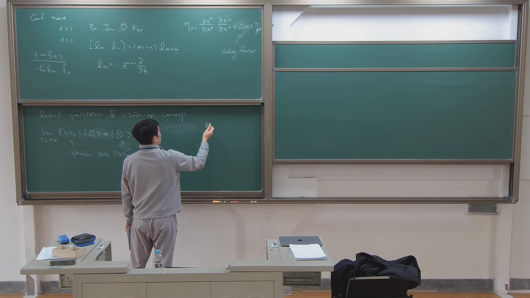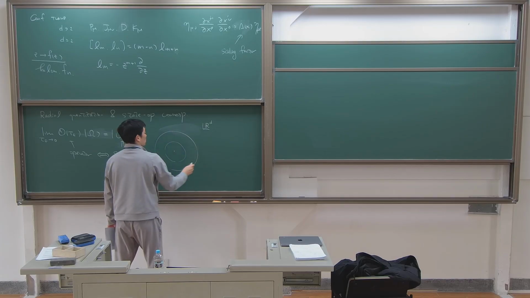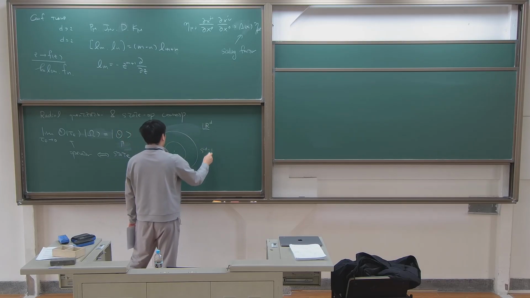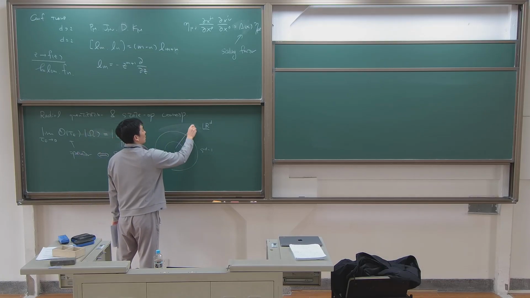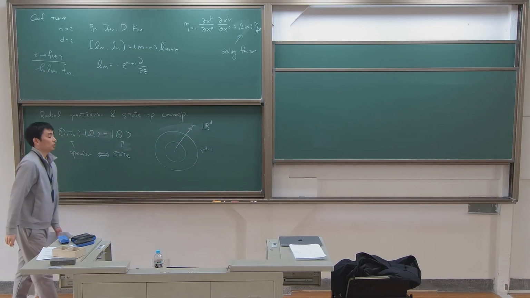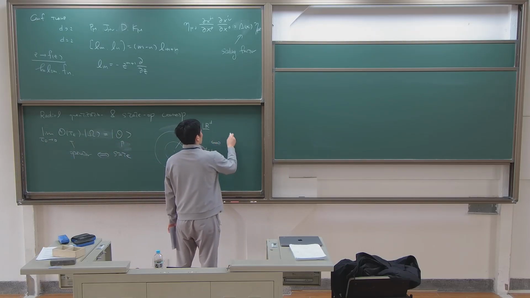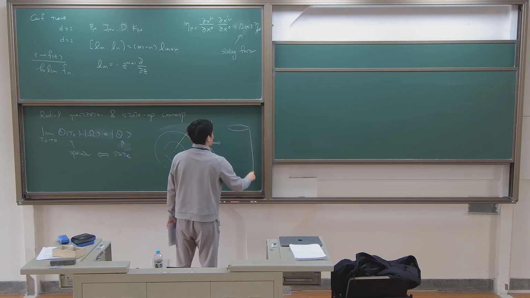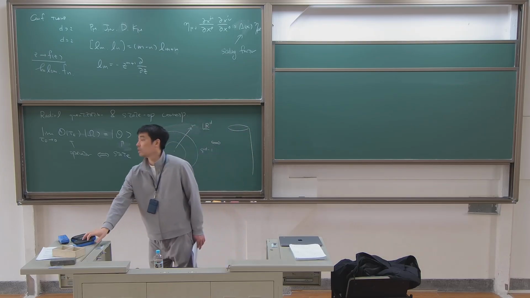Then we consider R^d, with the origin, and we just consider the sphere S^(d-1). You treat the radial direction as time, and that becomes a cylindrical space.